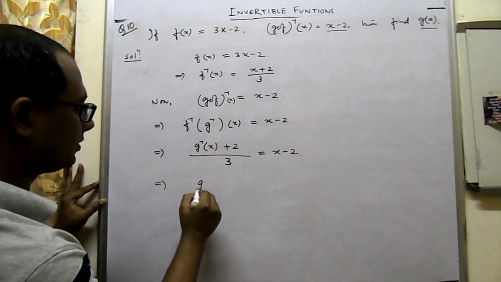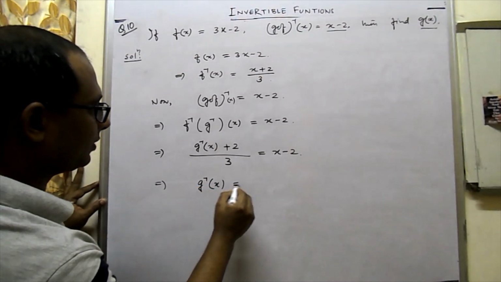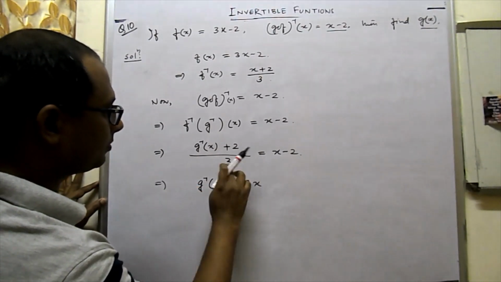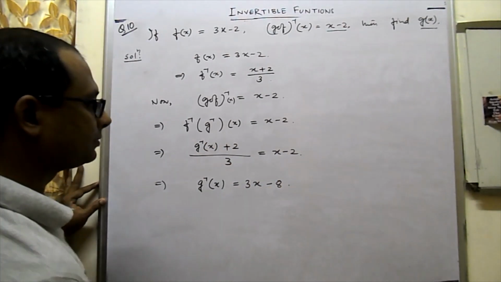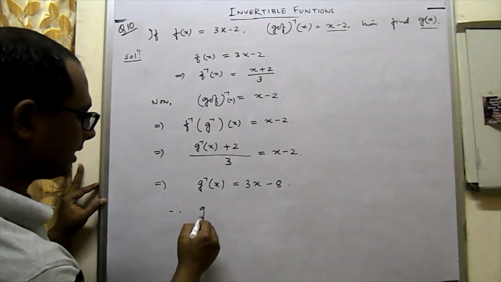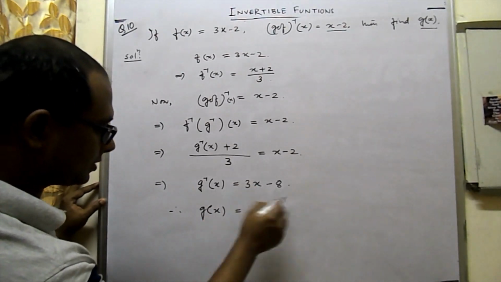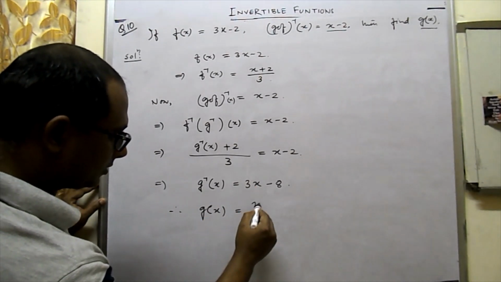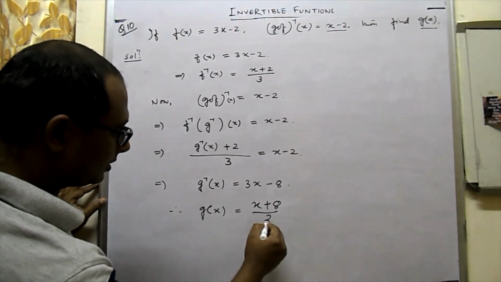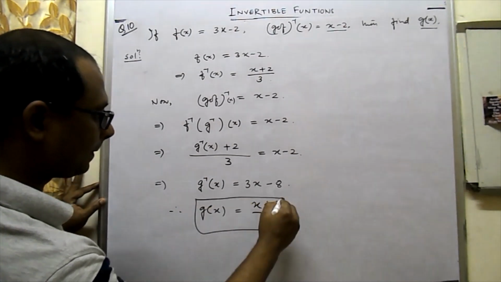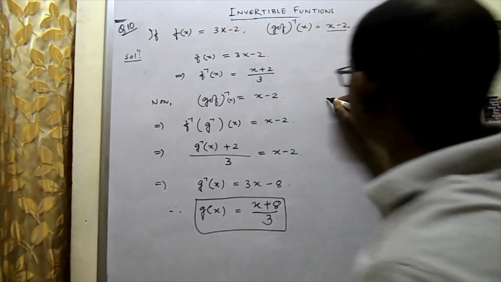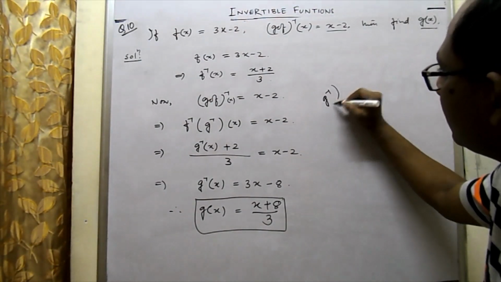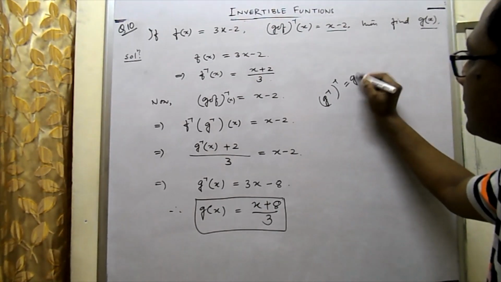So z inverse of x will be 3x minus 6 minus 2, that is minus 8. Therefore zx has to be equal to the inverse of this function. So the inverse of this function will be x plus 8 upon 3. Here we have used this, and also we have used this: z inverse of whole inverse is z.